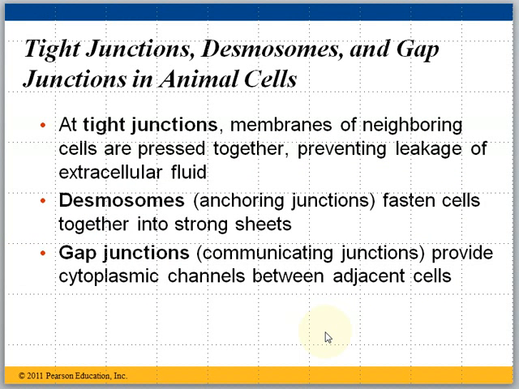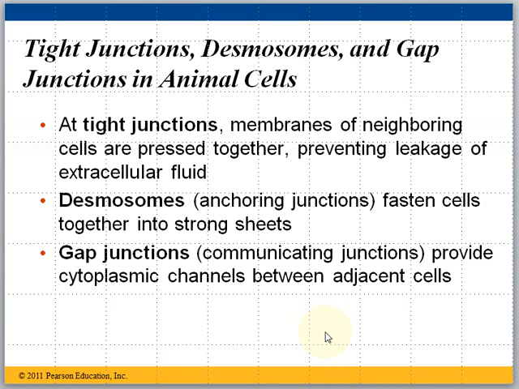The other junctions to mention include a tight junction. A tight junction, we'll look at a picture in just a second, is where you have the cell membranes of two neighboring cells pressed together, and they're pressed together in such a way that they don't allow any space between, and they don't allow any of the extracellular fluid that they're floating in to reach into that space. The desmosomes are anchoring junctures.